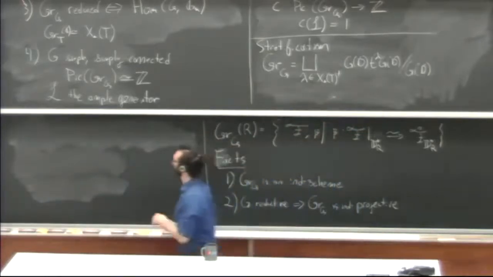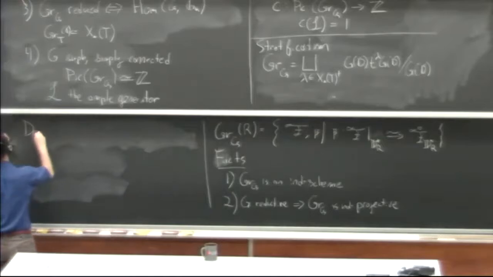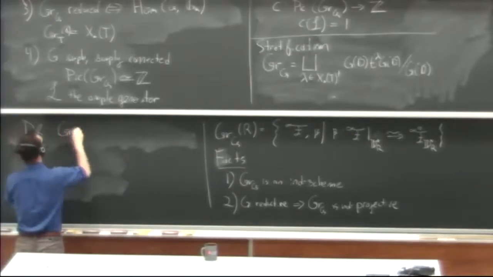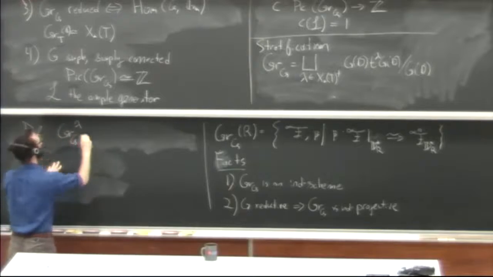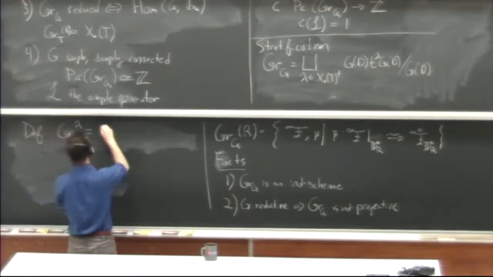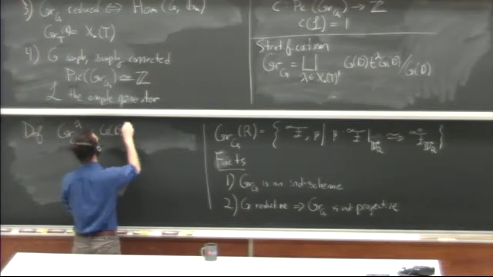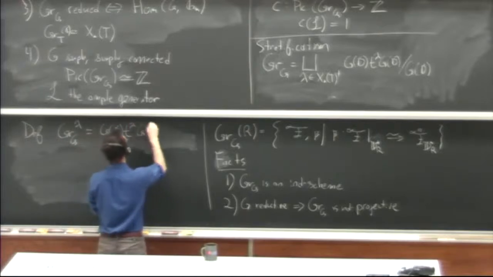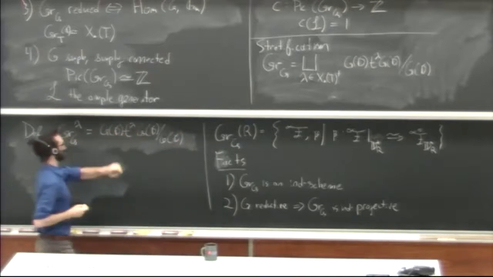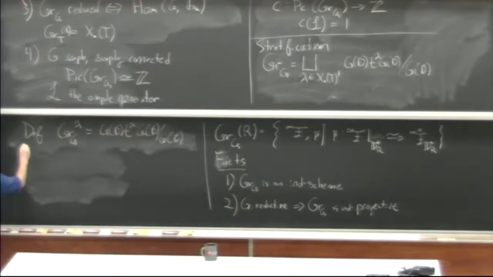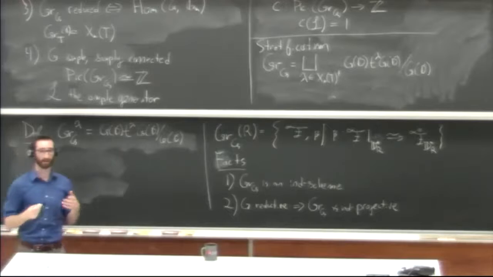So by definition, the Schubert cell, which I'll write as Gr G lambda, is this double coset quotient G(O) t^lambda G(O) mod G(O), where lambda is some dominant co-character. And then we can produce the closure.